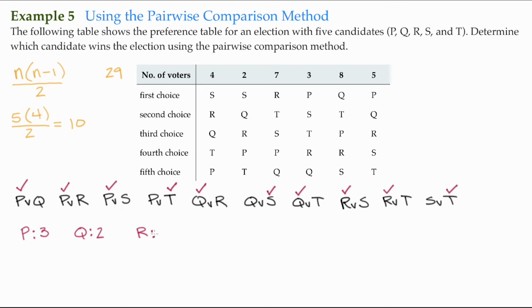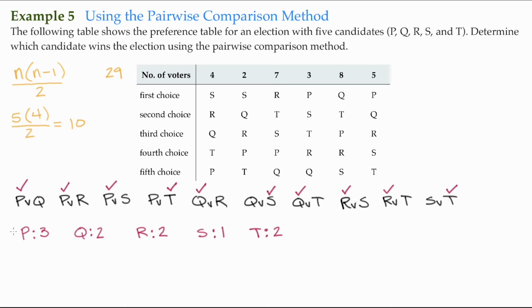R gets 1, 2 points. S gets 1 point. And T gets 1 and 2 points.